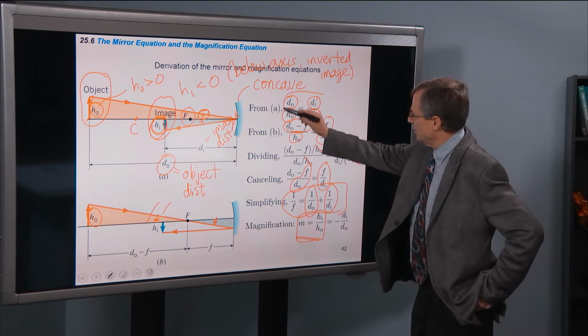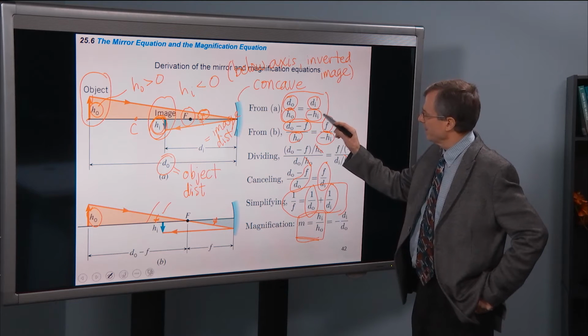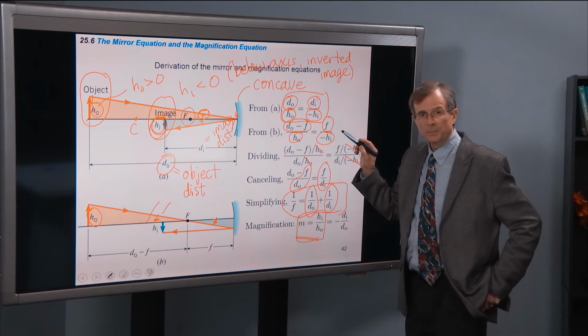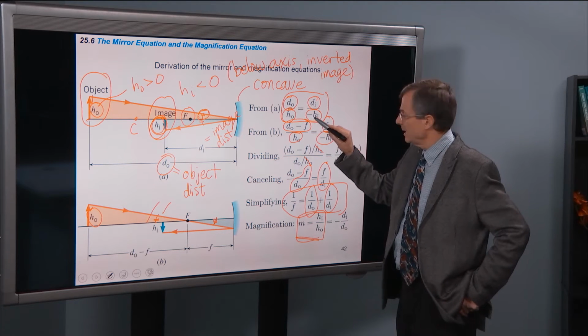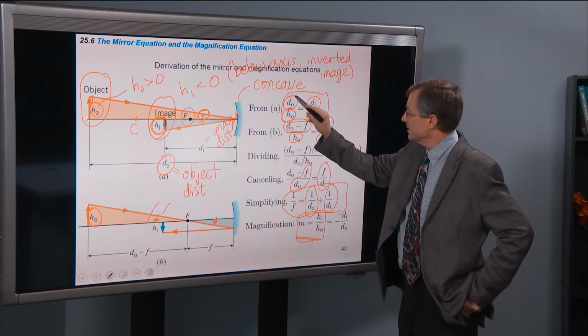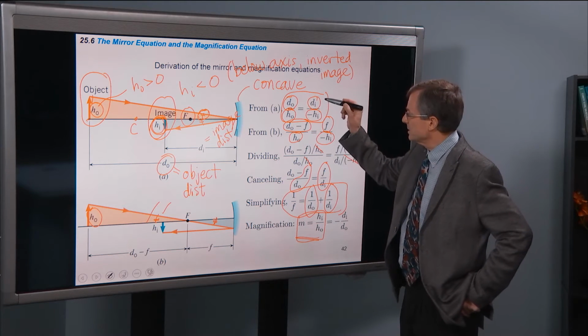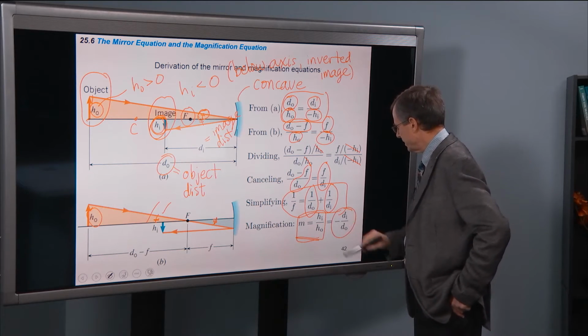And from this equation, we can actually solve for h i over h naught. And how do we do it? Let's multiply both sides of this equation by h i and divide both sides of this equation by d naught. That'll give us h i over h naught equals minus d i over d naught, which is this relationship here.